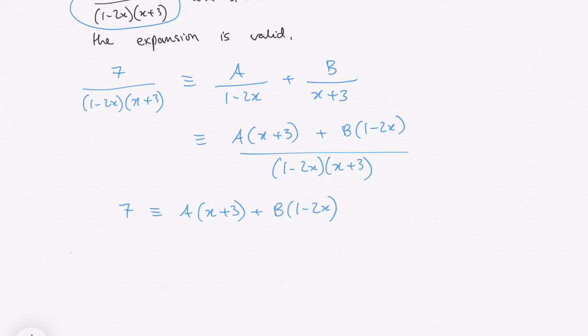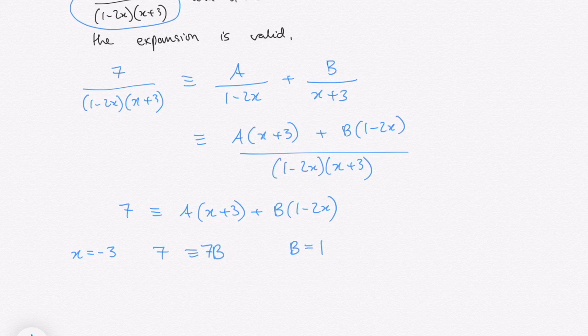So let's take x equals negative 3. We get 7 is equal to, well, negative 3 plus 3 is 0, so we get b lots of 1 minus 2 times minus 3. So 7b. So b is equal to 1.